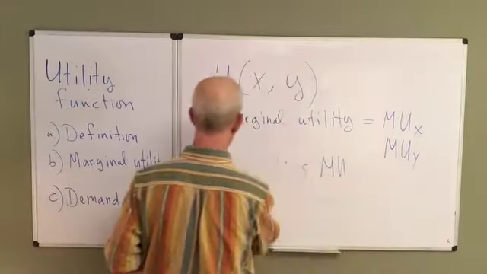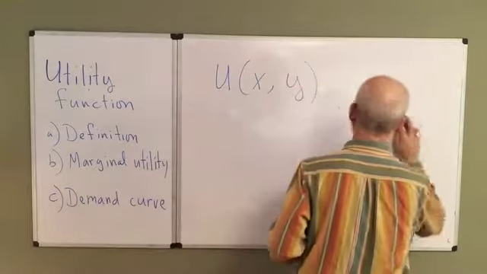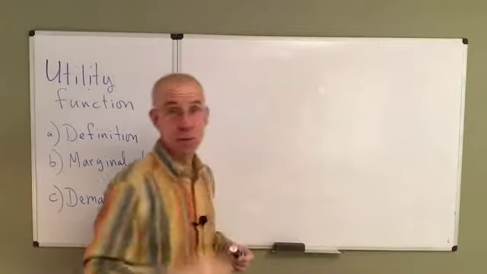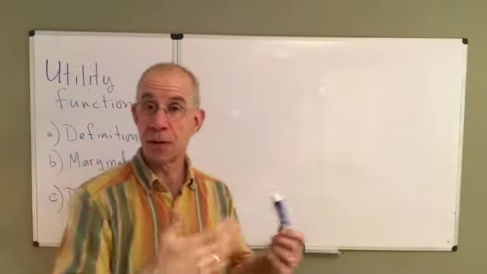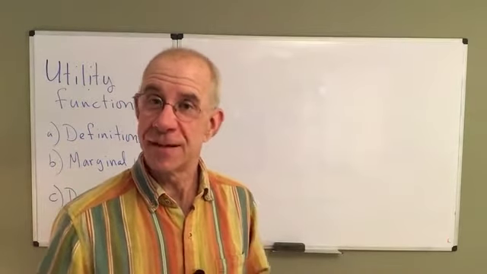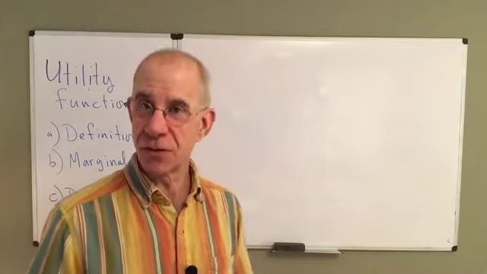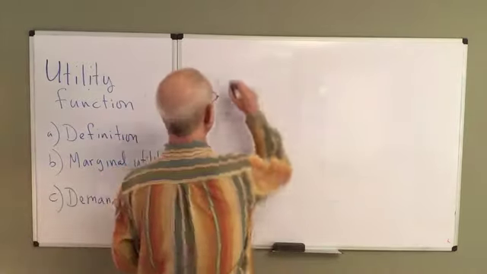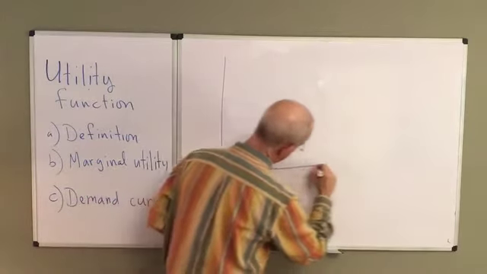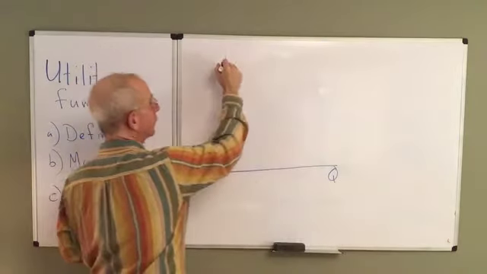Now, we've got an important concept that is based on this idea of marginal utility, which you may have already sort of gotten a sense of, which is the demand curve. A demand curve really represents the marginal utility of consuming a good. So let's give our old familiar demand curve.